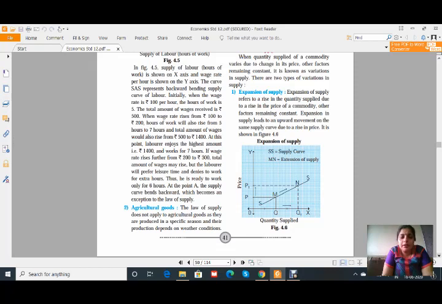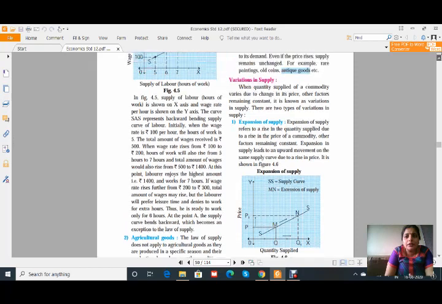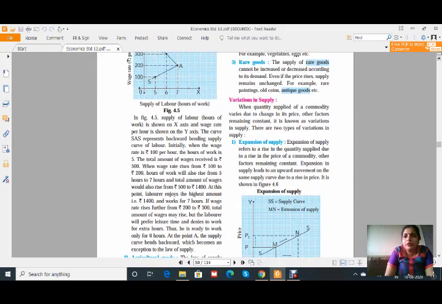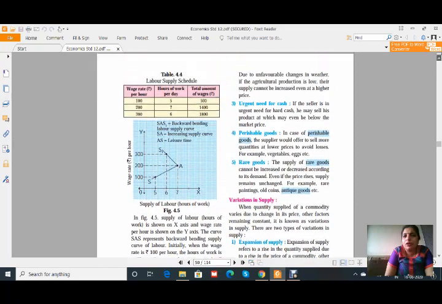Because if there is an increase in the price of agricultural goods, the law of supply does not hold, because, as I also told you in the previous lecture, we cannot increase the production of agricultural goods at once when there is an increase in price. We cannot increase the supply of agricultural goods. Okay, therefore it is an exception to the law of supply.